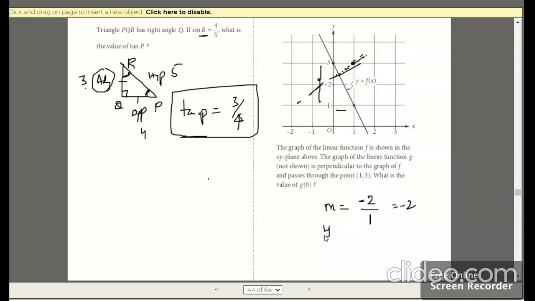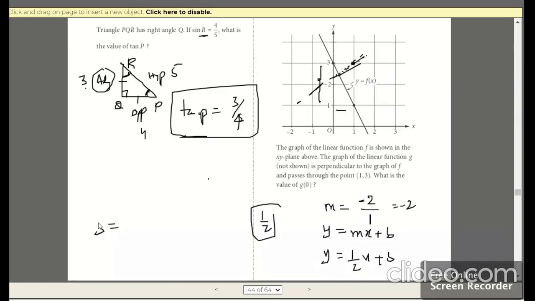If I take the slope-intercept relationship y equals mx plus b, and the lines are perpendicular, the slope of the g line would be the negative reciprocal of that, that is positive 1 over 2. So y equals 1 over 2 x plus b. What I'm trying to say is the point (1, 3) is common, so x is 1 and y is 3.